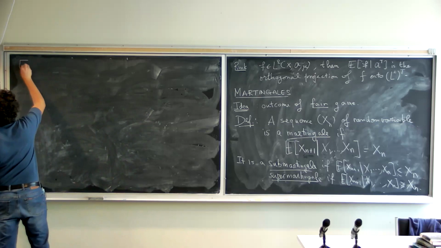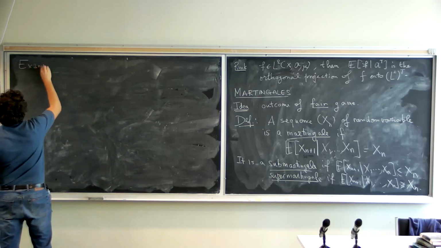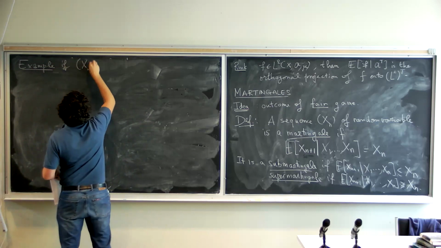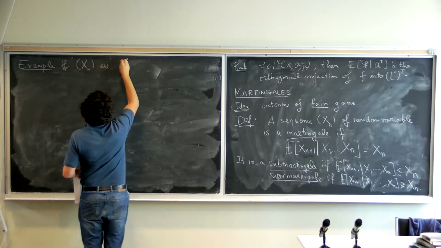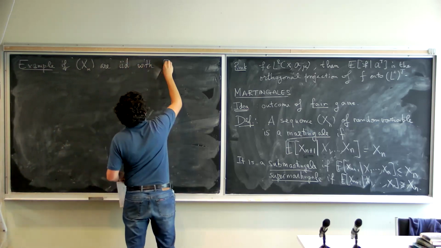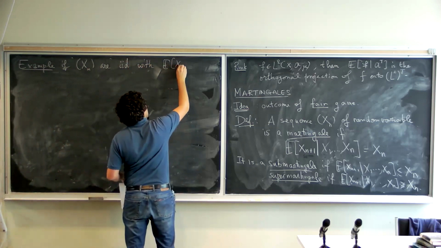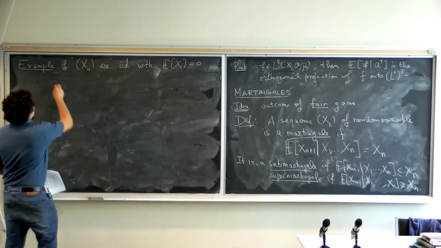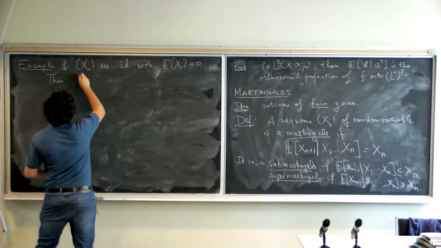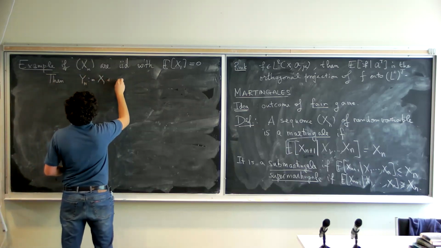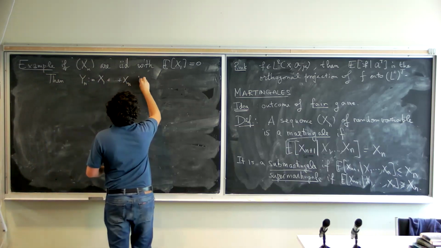So for example, if xn are IID with expectation of each of them 0, then the new process yn, which is x1 plus up to xn, is a martingale.